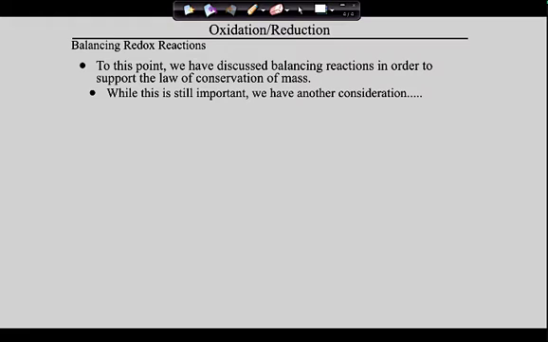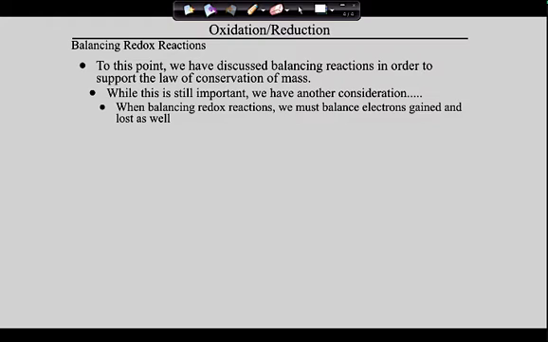Well, it turns out that in redox reactions, we must also balance the number of electrons. As we saw in the example we just did, zinc lost 2 electrons, 2 hydrogen ions each gained 1, and we had a balance in electron exchange.